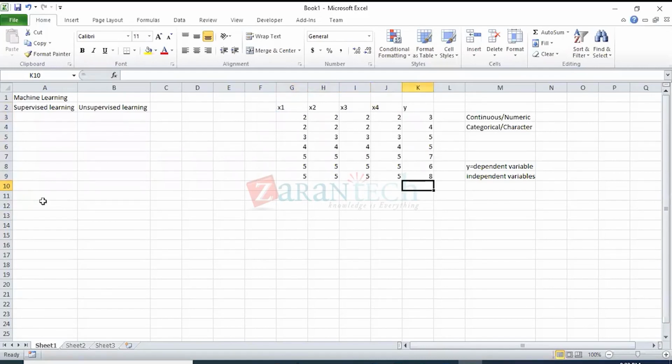So let me give you a practical example. Right, in centimeters.